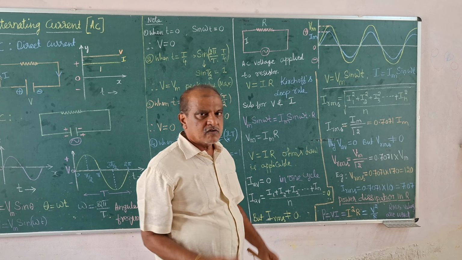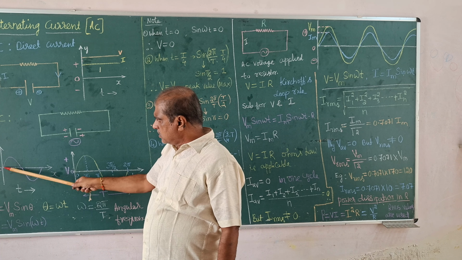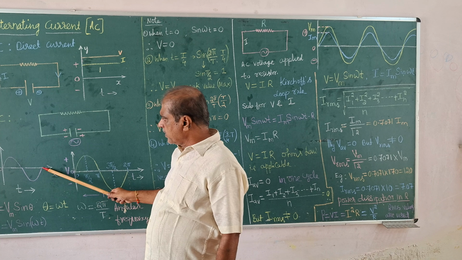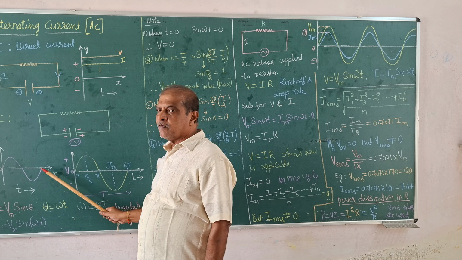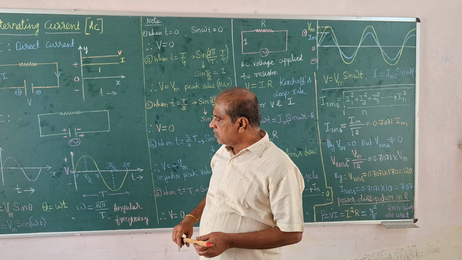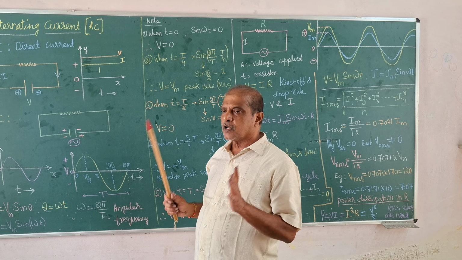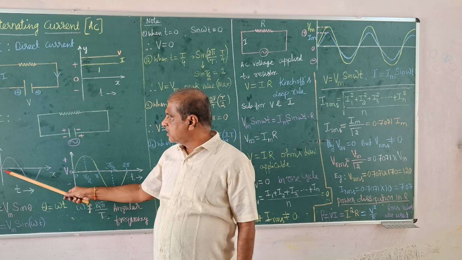And this equation or this graph, what is that? This wave graph is similar to a sinusoidal wave in mathematics. In mathematics, we have a sinusoidal wave, and that sinusoidal wave is the same as this.